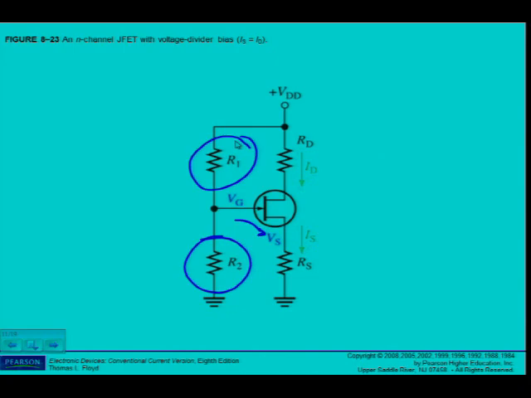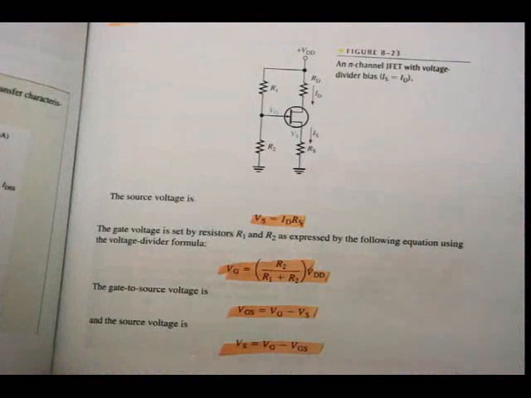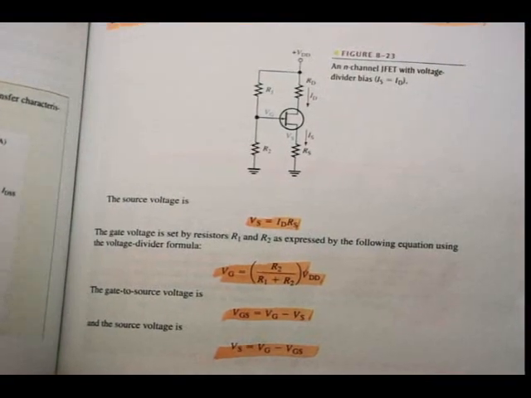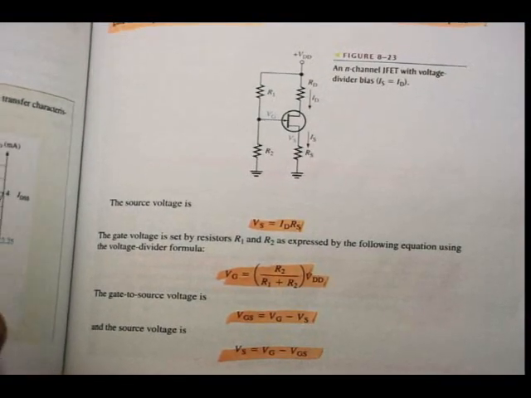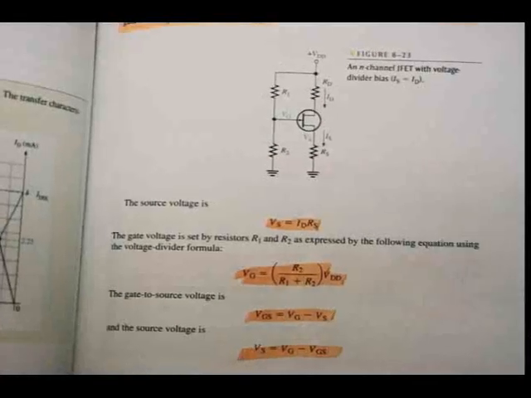Alright, so let's have a look at the formulas. You should recognize them because they're basically the same as the BJT, only of course we are talking about the drain, gate and source and not the collector, base and emitter as in the BJT.